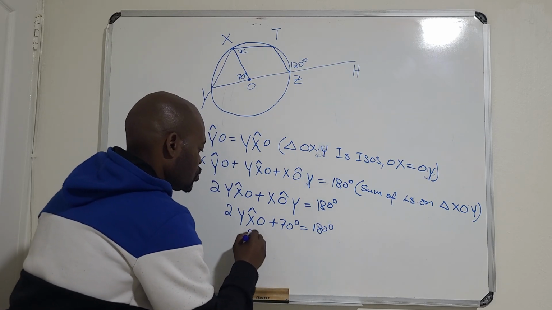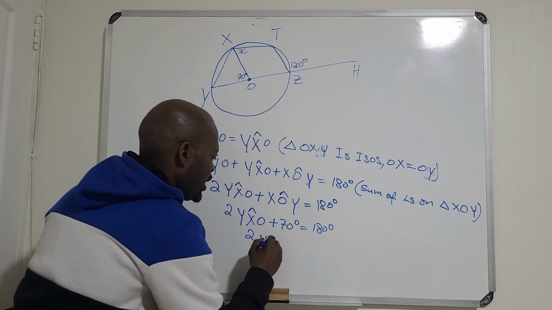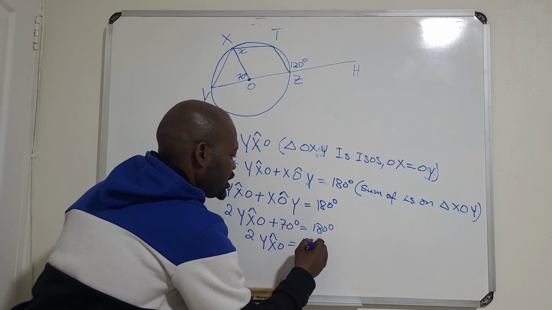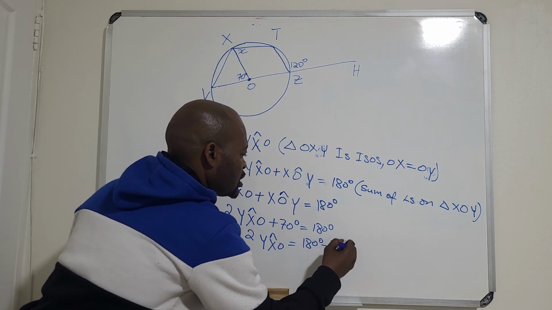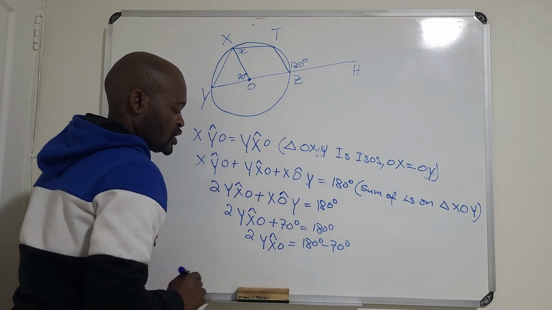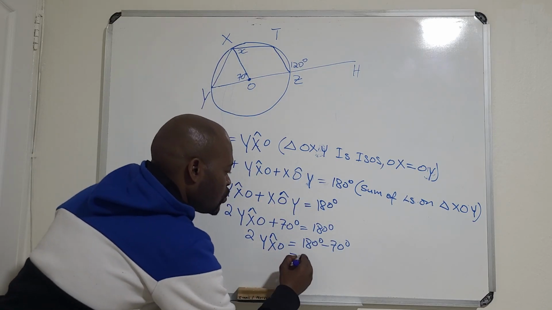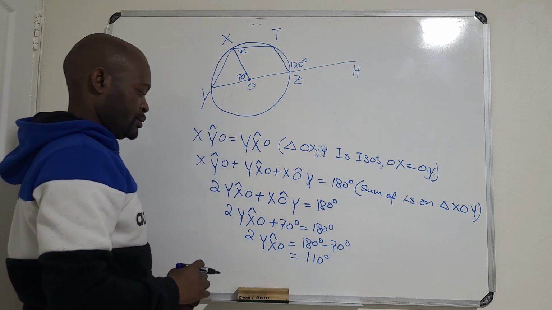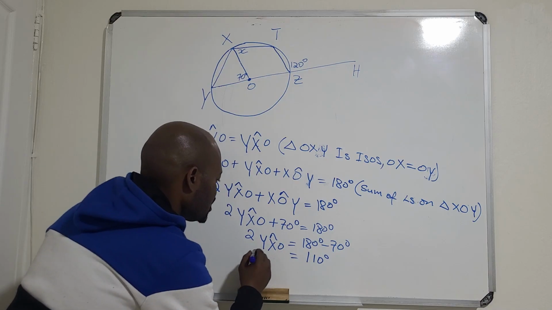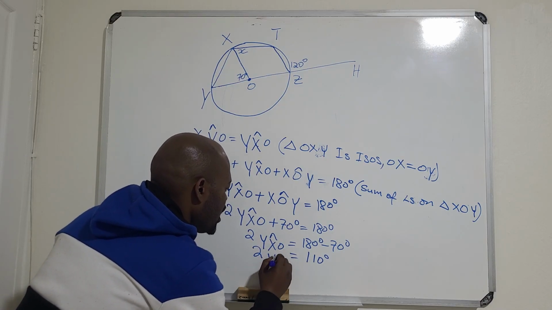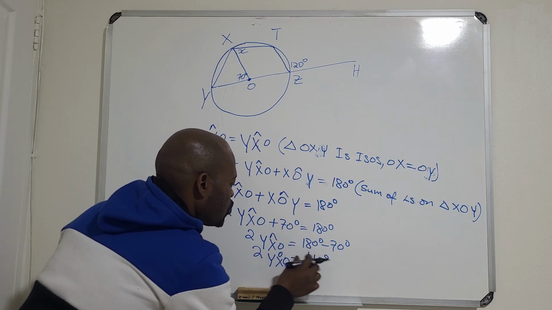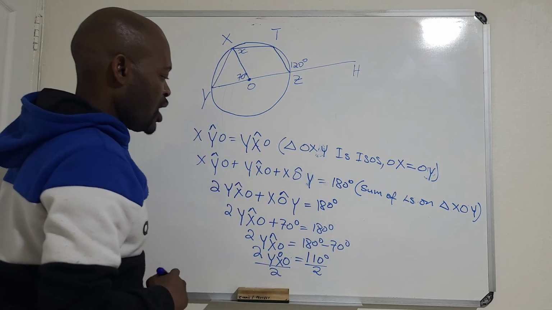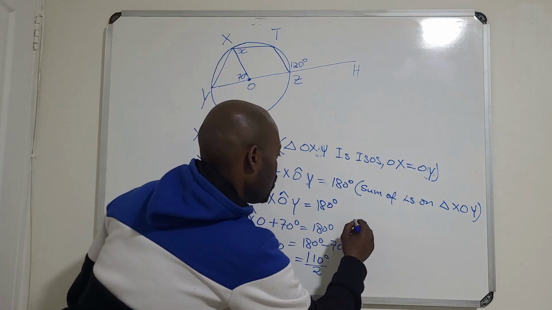Therefore, 2 angle YXO is equal to 180 minus 70, because 70 goes to the other side of the equal sign, which becomes 110. But obviously, this is 2 angle YXO. We divide by 2, divide by 2.